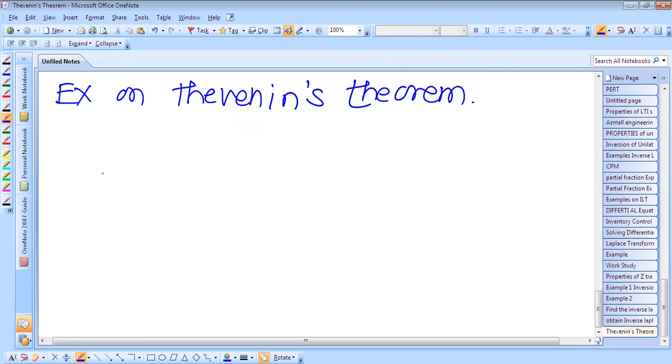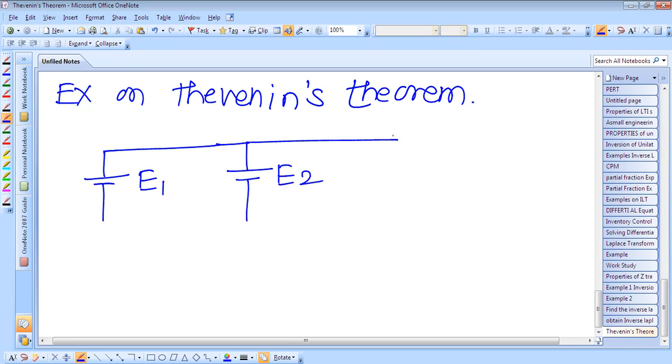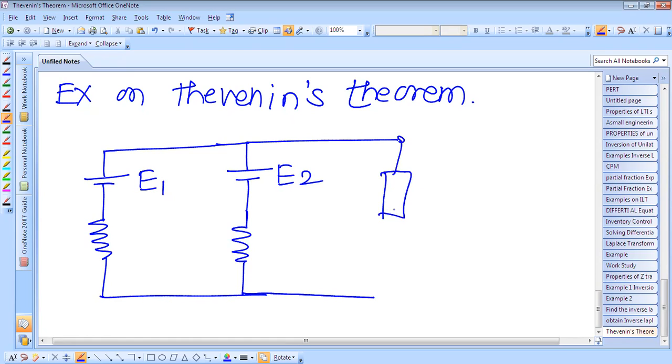Okay, in the example, this voltage source is given. Suppose this is E1. There is another voltage source in another branch, this E2, and this resistance is given. This is also having resistance, and this is the load.